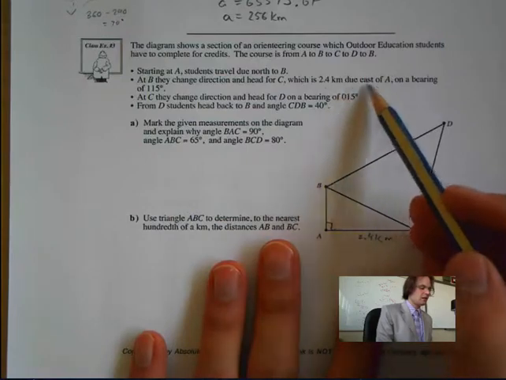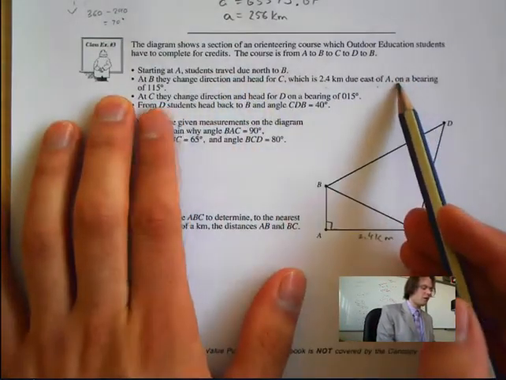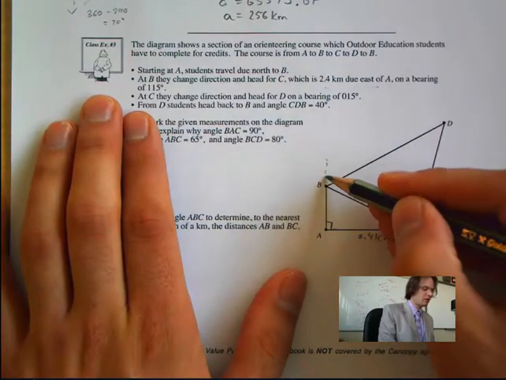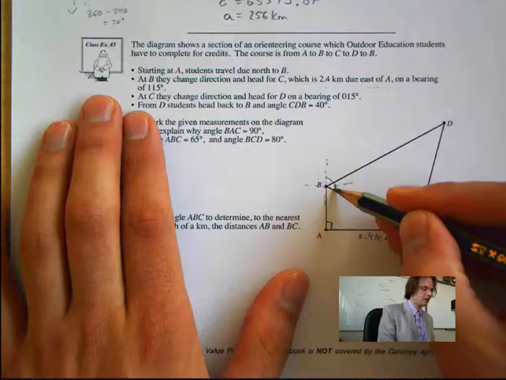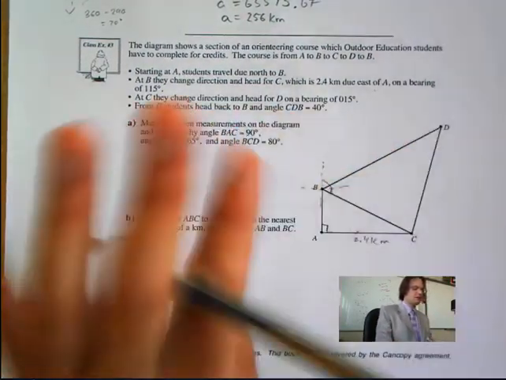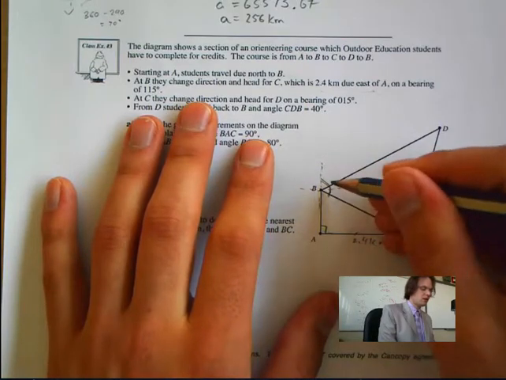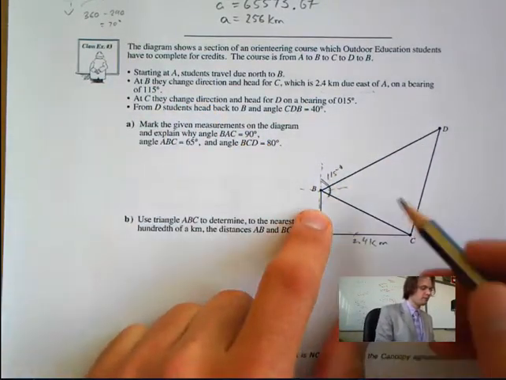Next, we take a look at this. And we also know it is at a bearing of 115. So if I made a little diagram here, from here to here is 115 degrees, because that's the bearing.